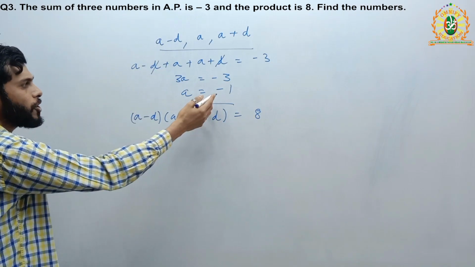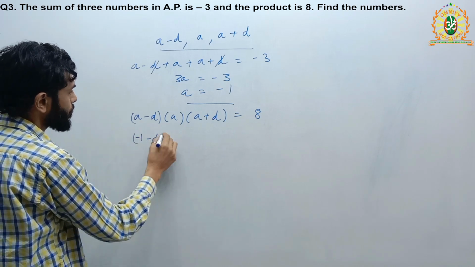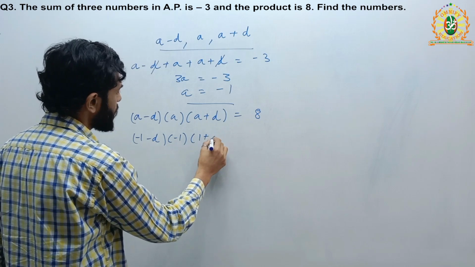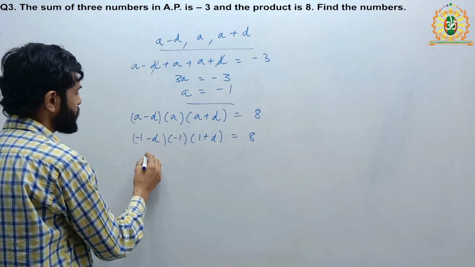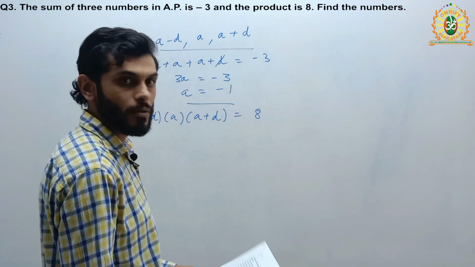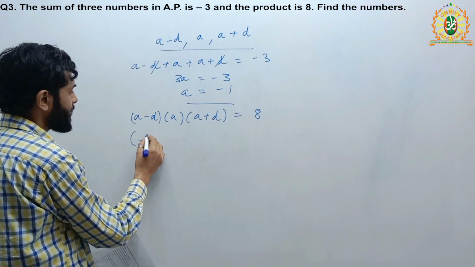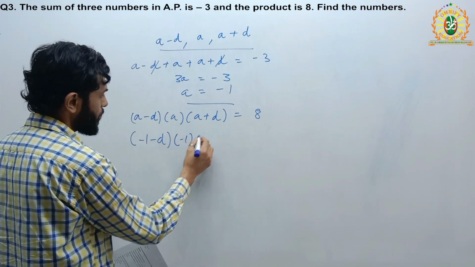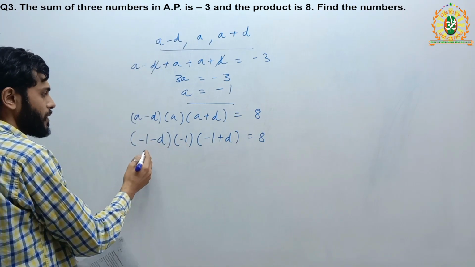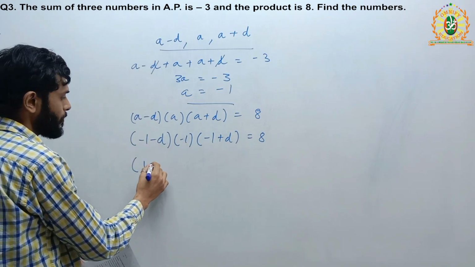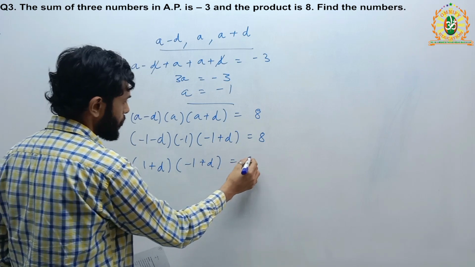Now we already know the value of a, so we can substitute it. It becomes minus 1 minus d, into minus 1, into minus 1 plus d, which is equal to 8. Multiplying by the minus 1, it becomes 1 plus d and minus 1 plus d is equal to 8.